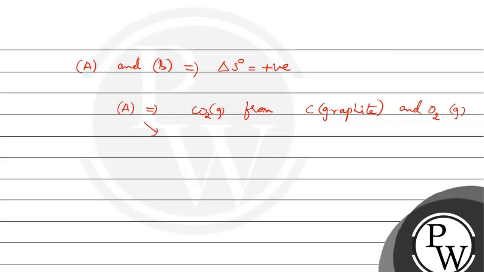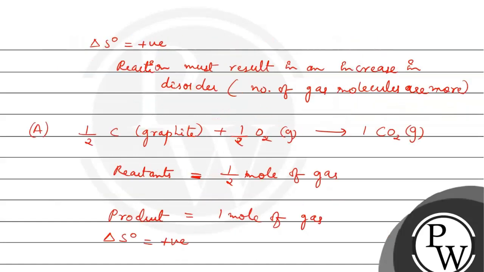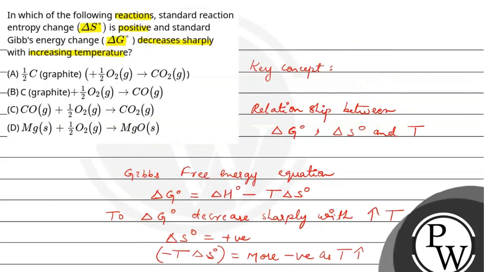So here the disorder, that is delta S naught, is more positive. Therefore, the correct option is reaction A. So based on this, we can clearly say that reaction A is the correct answer for this question.